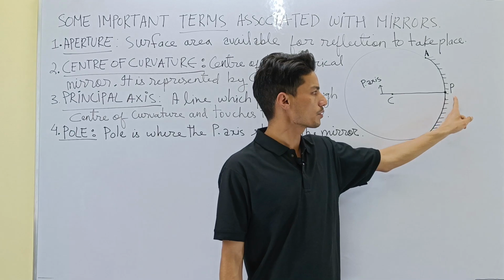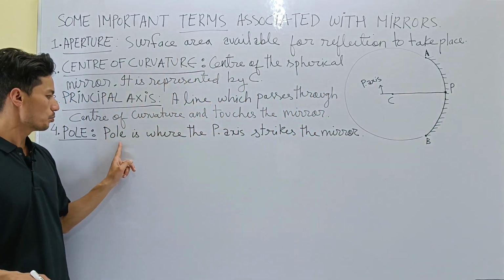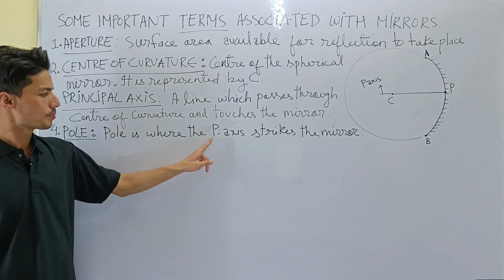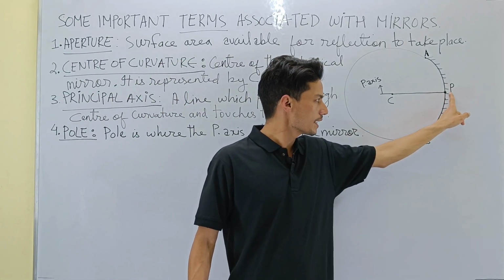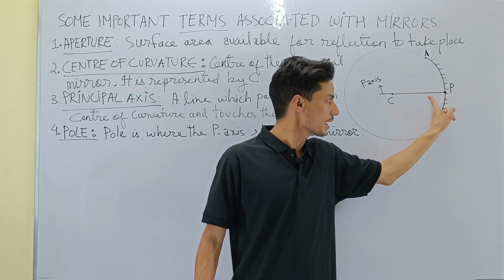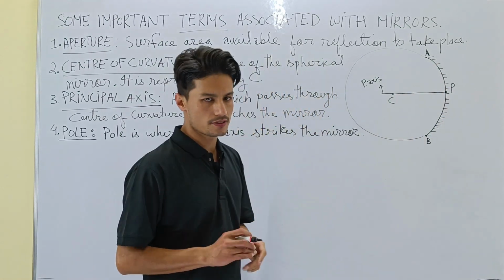Or you can just stick to this definition, that the pole is where the principal axis strikes the mirror. That means the pole is where the principal axis, this line, makes contact with the mirror. Simple enough, and it's correct.